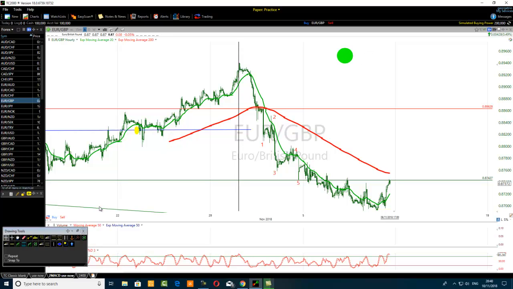Hourly time frame is classified as a lower time frame. 30-minute time frame is classified as a lower time frame. 15, 10, 5 minutes, 3 minutes, 1 minute, 1 second, whatever.